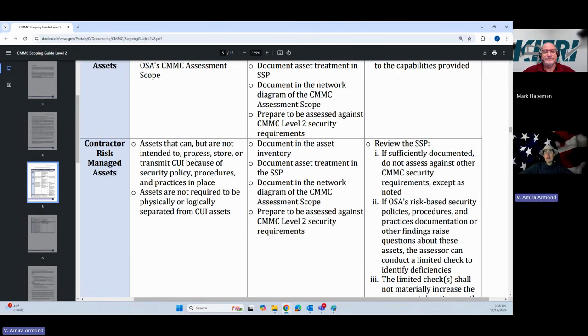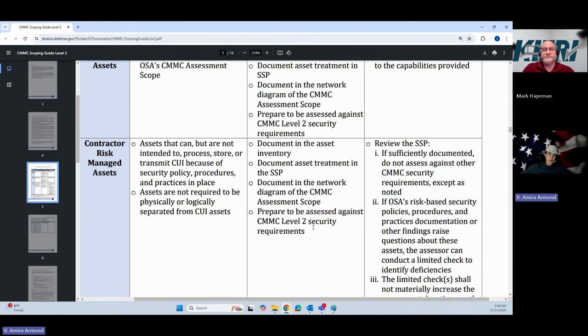What happened in the final rule is the DoD clarified, right? They made the language exactly the same for how you need to prepare.